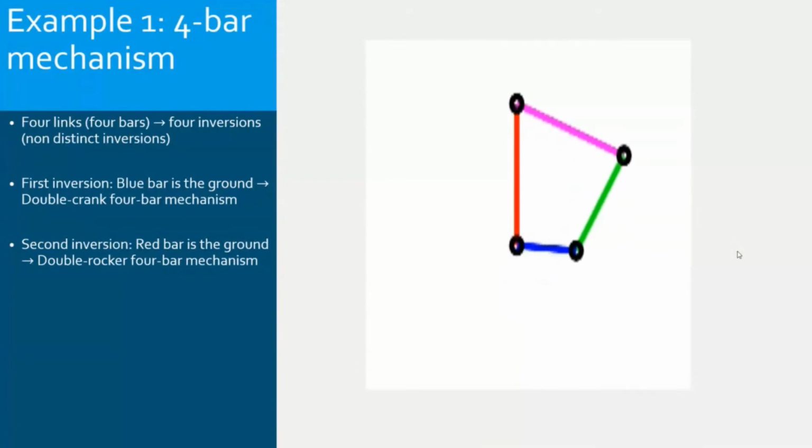The difference from the previous one is that all 3 bars cannot complete full rotations. For example, the blue bar goes back and forth. It cannot have any angle, and the magenta bar also.